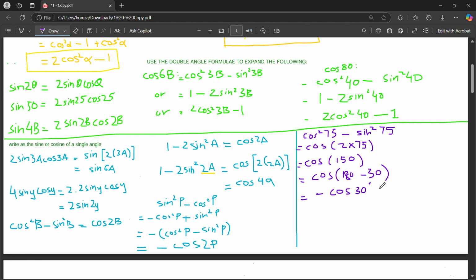That's why we use this negative sign, and there is your cos 30 degrees. Now negative cos 30 value is your minus root 3 over 2. So this is your final answer for this type of question.